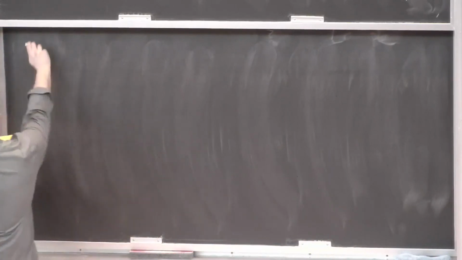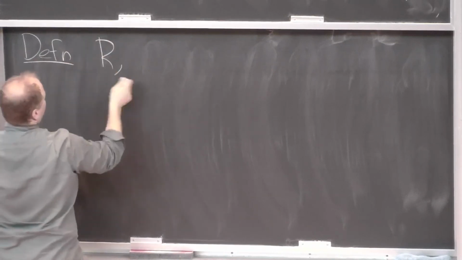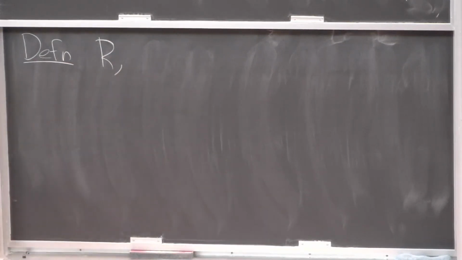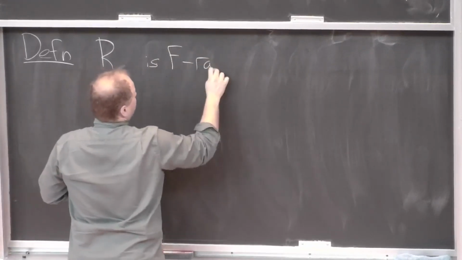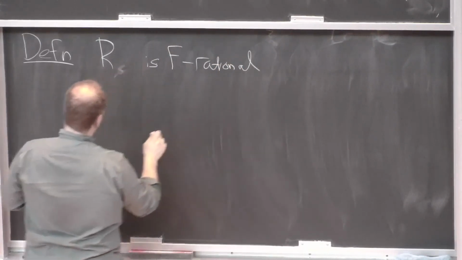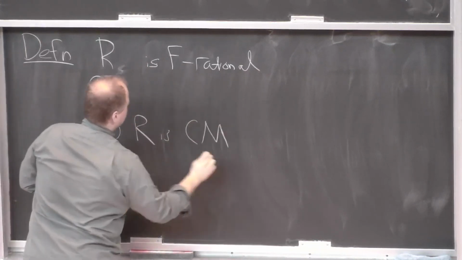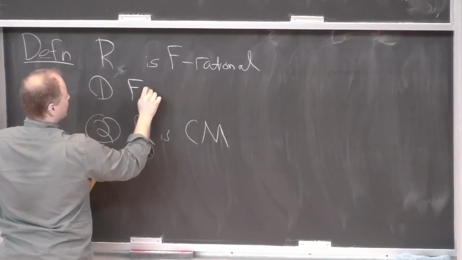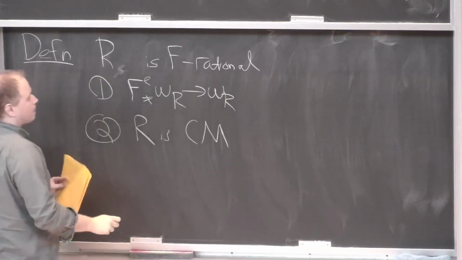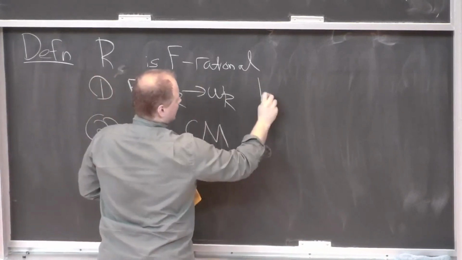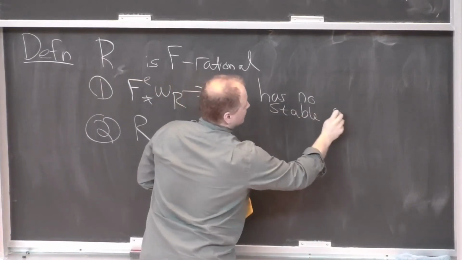Okay. Let me give you a quick definition. R, again, a ring, characteristic p, Frobenius is finite. R is F rational if two properties hold: R is Cohen-Macaulay, and if I look at the Frobenius map, this canonical map, this has no stable submodules.